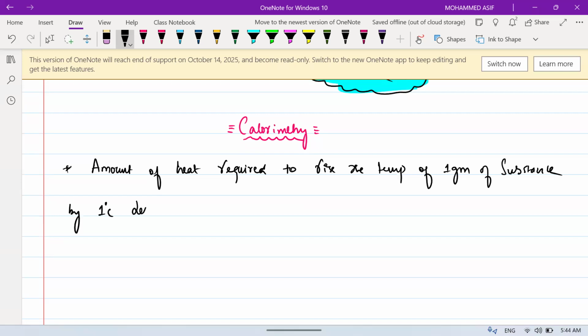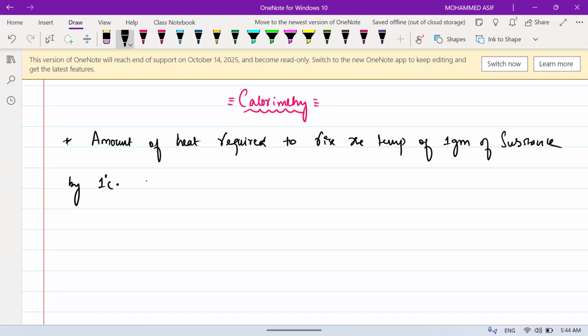It is denoted by S. So what is the calorie, beta? Amount of heat required to raise the temperature of 1 gram of substance by 1 degree Celsius. And it is denoted by S.